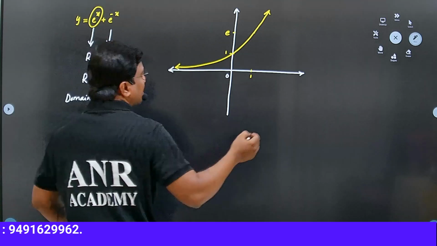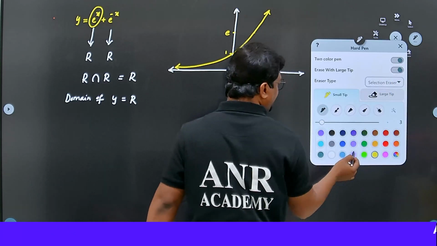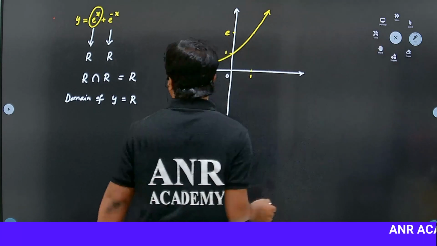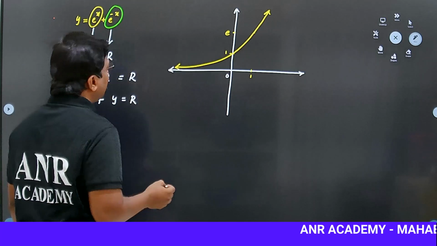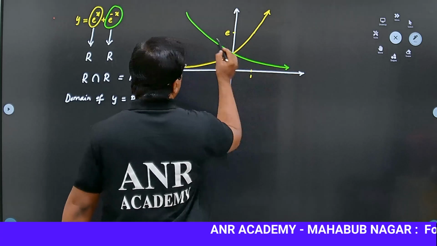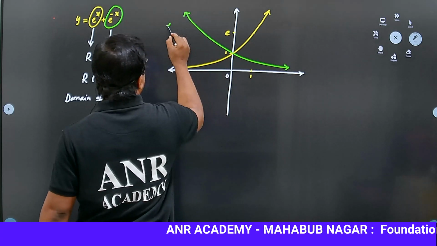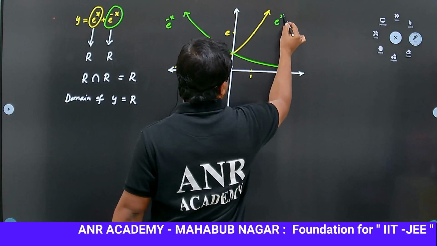Next, the e power minus x graph. You will get it in this way. This is e power minus x and this is clearly e power x.